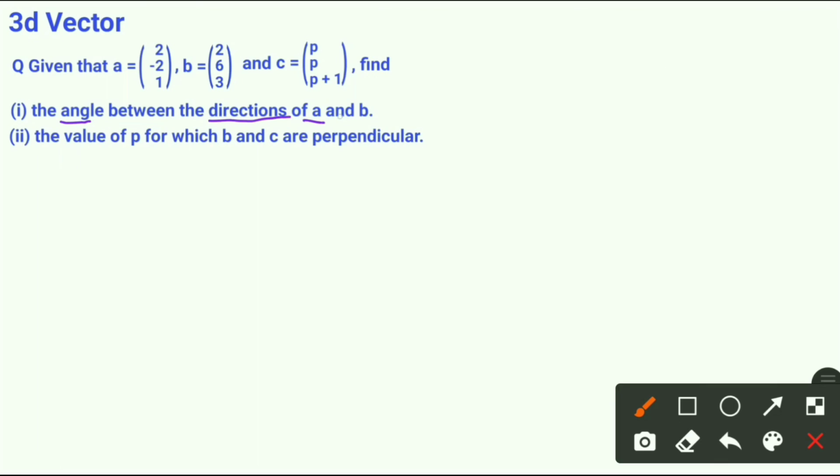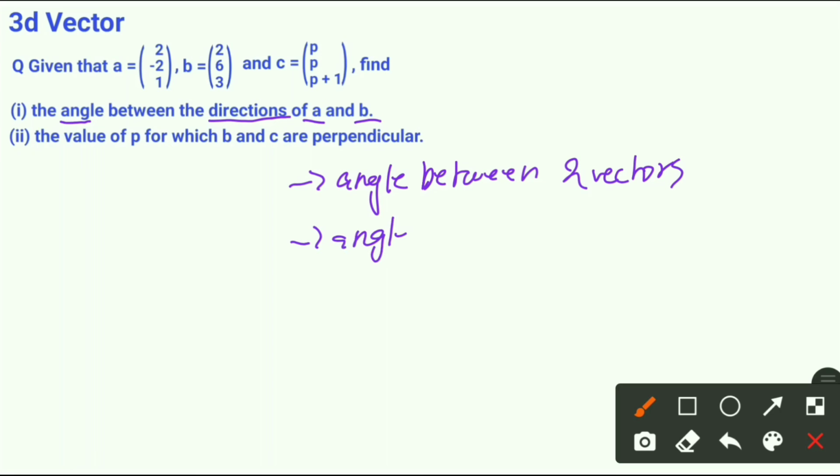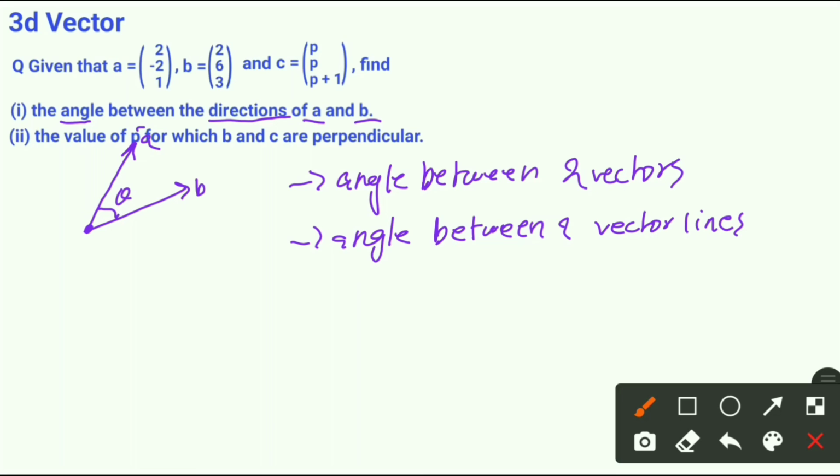There are two things to understand whenever you are asked about the angle between the directions of a and b. One is the angle between two vectors, or the angle between two vector lines.